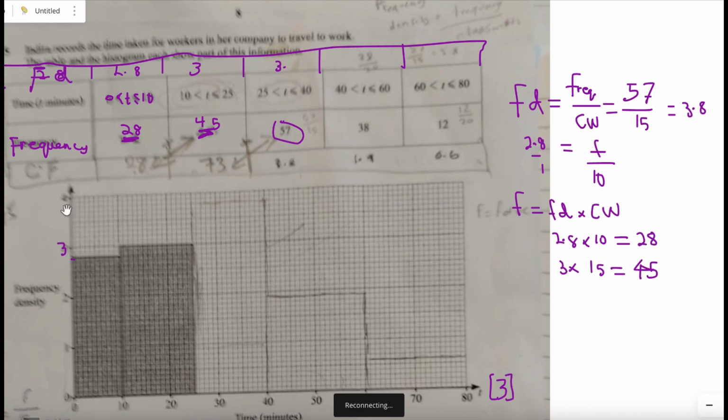Remember 3.8 is somewhere here, just 2 tiny blocks to reach 4. That will be at 3.8. It's laggy, but I hope it can be restored very quickly. So we draw it here.